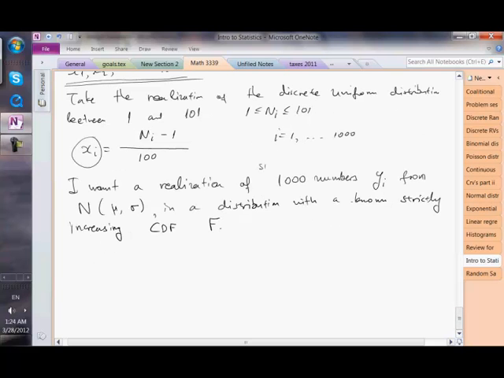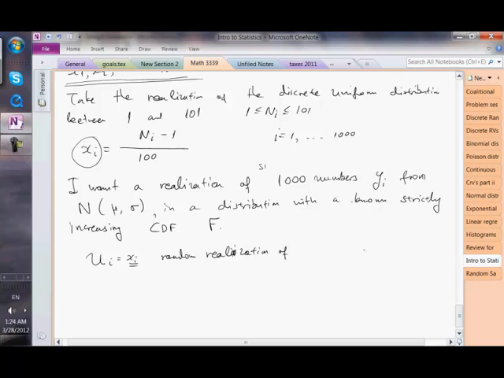Right, to do this, we have to observe the following. So far we know how to create U sub I, which is equal to X sub I. This is a random sample, and the sequence of those numbers is a random realization of the uniform distribution in the interval 0, 1.